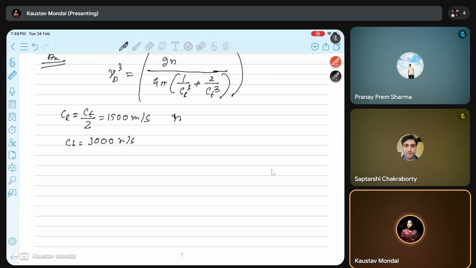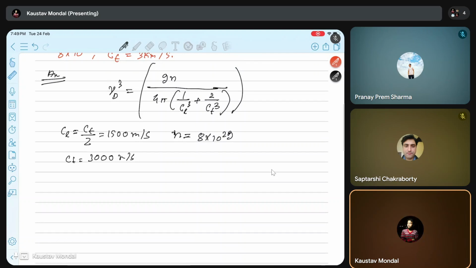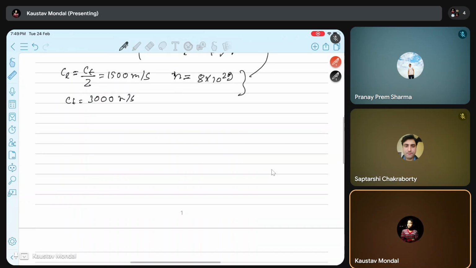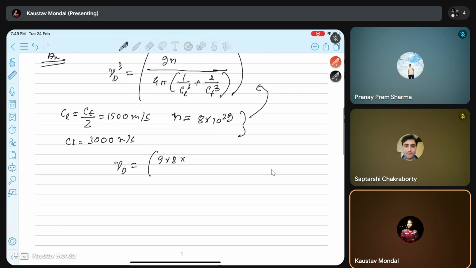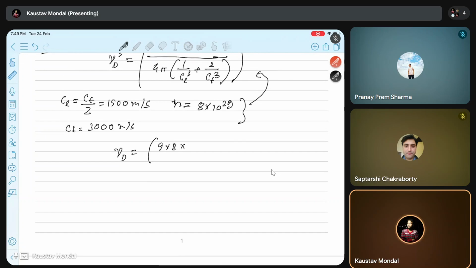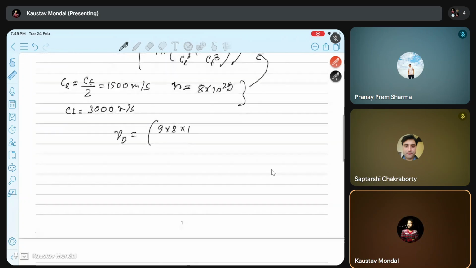N by V, that is basically the density per unit volume, is 8 into 10 to the power 29. Okay, so all of the things you got here, right? So just substitute all of the things in this expression. If you do that, you will get nu d as 8 into 10 to the power 29 into 3000 to the power cube divided by 4 pi into 8 plus 2 to the power 1 by 3.